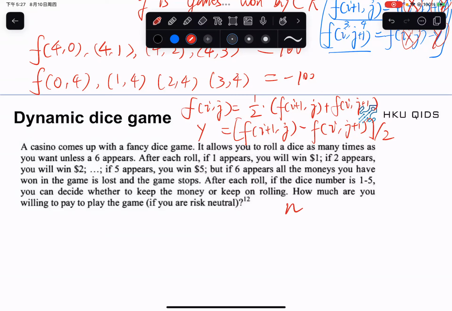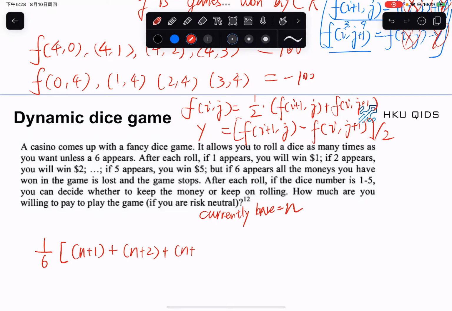If we currently have $N, then the return is actually we have 1/6 chance to get N plus 1 if we have 1, N plus 2 if we have 2, and N plus 3 if we have 3, N plus 4, and N plus 5. While we also have a case that's 1/6, we're going to have 0. So this is going to be 5/6 N plus 2.5.